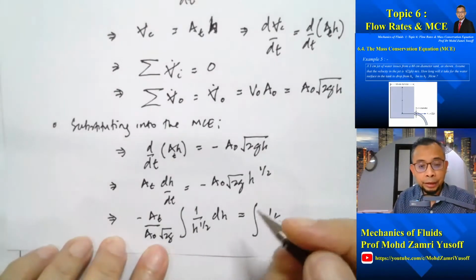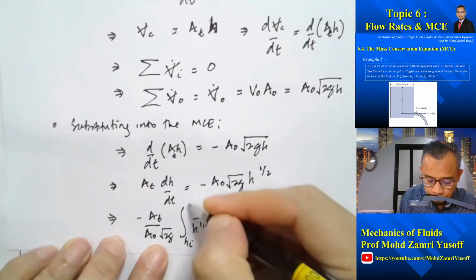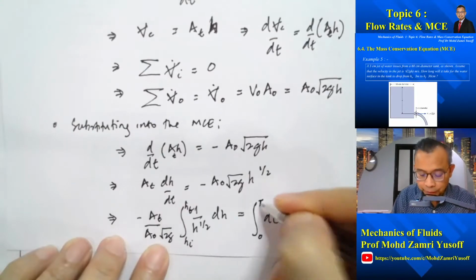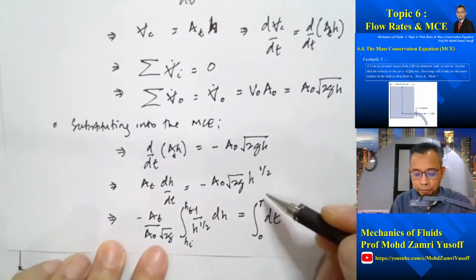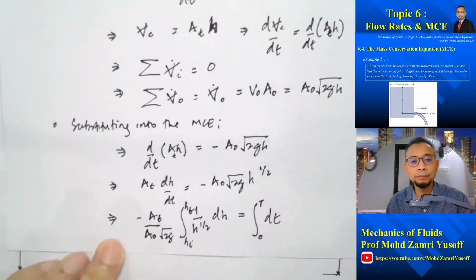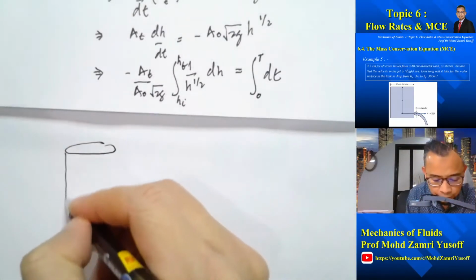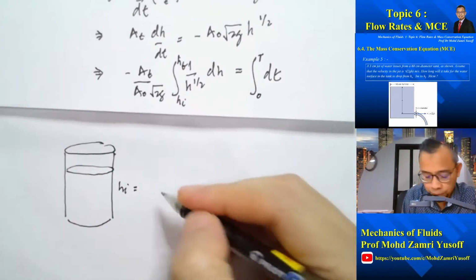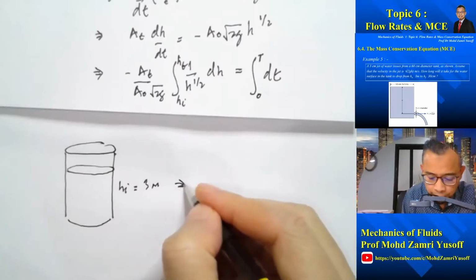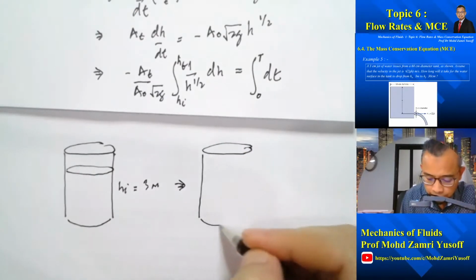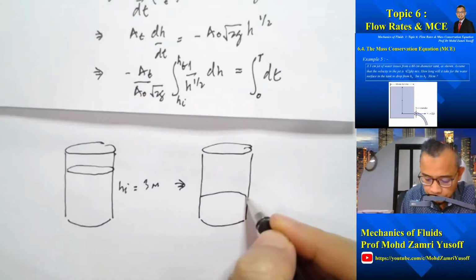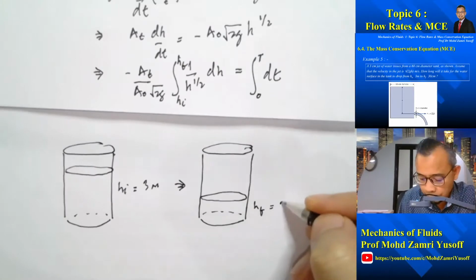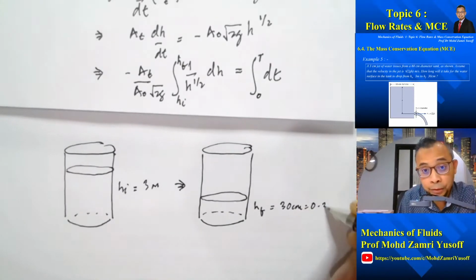We have to integrate from h initial to h final, from t equal to 0 to t equal to big T. So we need to determine the value of T. We consider the tank. H initial is equal to 3 meters, and after that the height of the water will reduce such that h final is equal to 30 cm or 0.3 meter.